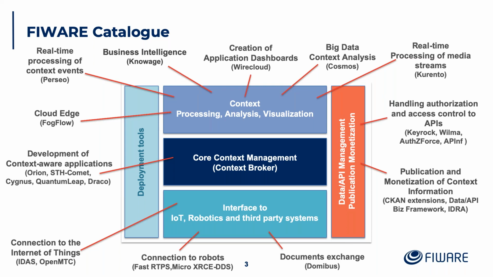However, there is a kind of multi-layer chapter, which is the data API management, publication, and monetization section, which covers both how to sell your data, how to move the context and make money out of it, but also how to secure your data, because obviously security is valid across every single layer, from processing down to the actual devices themselves.